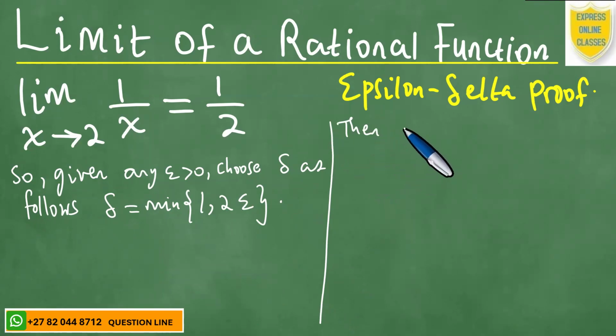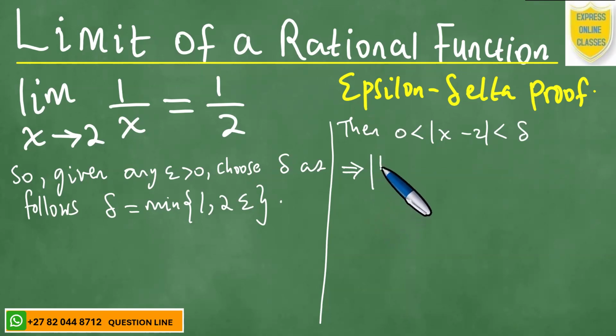Whenever we have 0 less than the absolute value of x minus 2 less than delta, this implies precisely the following. It implies that we actually had the absolute value of 1 over x minus 1 over 2 this way.